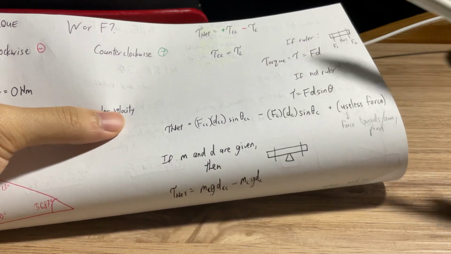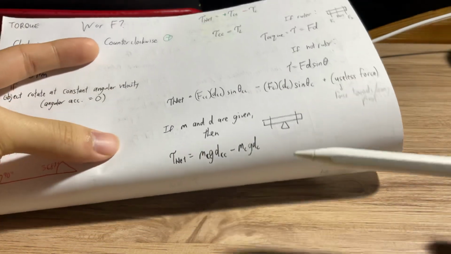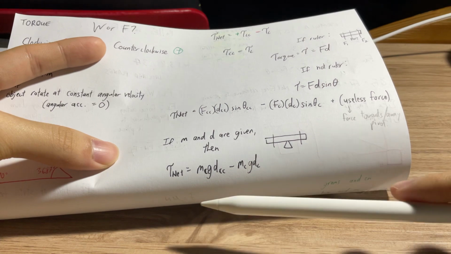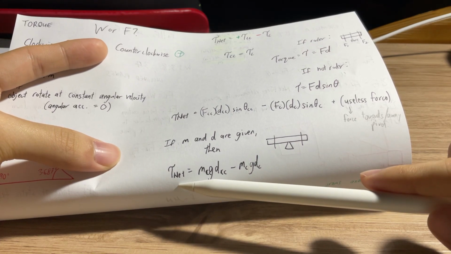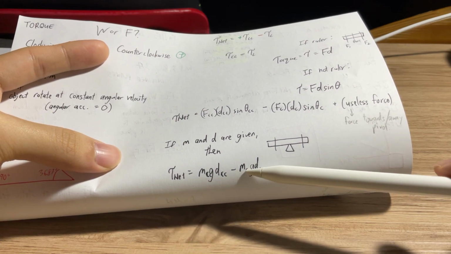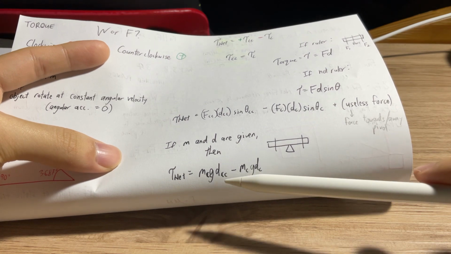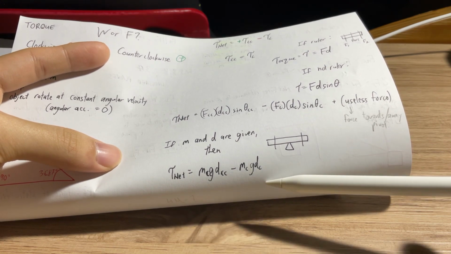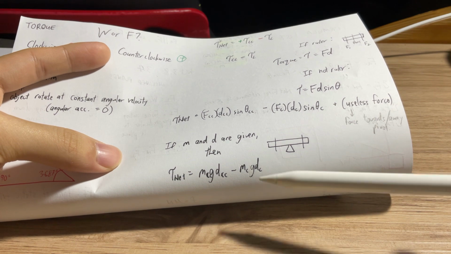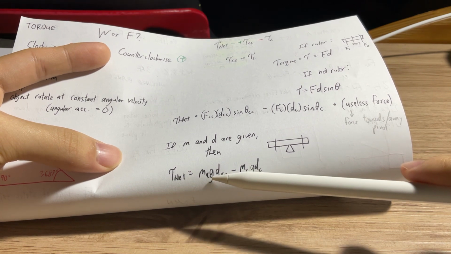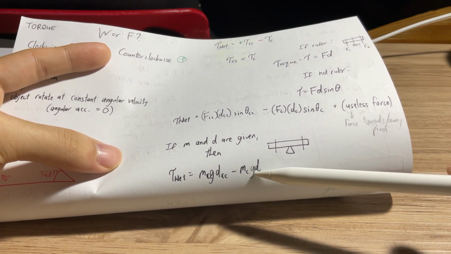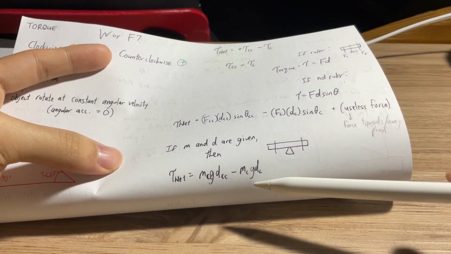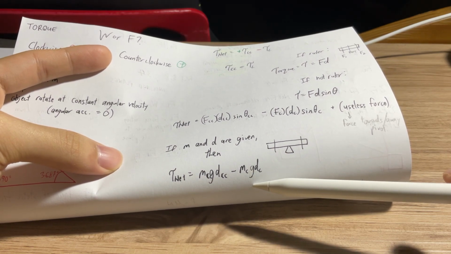So, if m and d are given, then this is the formula for net torque. So mgd of counterclockwise minus mgd of clockwise, such that the only same value here is the gravitational acceleration, which on Earth is said to be 9.8 meters per second squared.